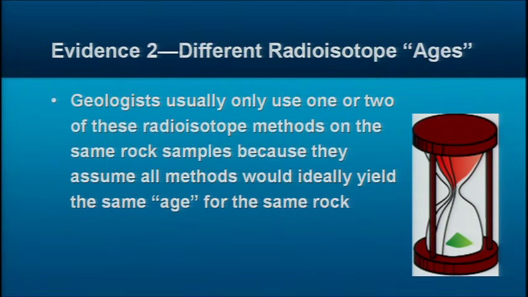Because they say, well, whatever clock we use, we should get the same results. Whether we use the uranium method or the potassium method, it doesn't matter. Because the rock only has one age, and these clocks are all supposed to agree with one another. Therefore, they should all give the same ages. And so they only ever do 1 or 2 dating methods on the same rock samples. And if someone ever wants to repeat the work, they usually collect different samples to use a different method.